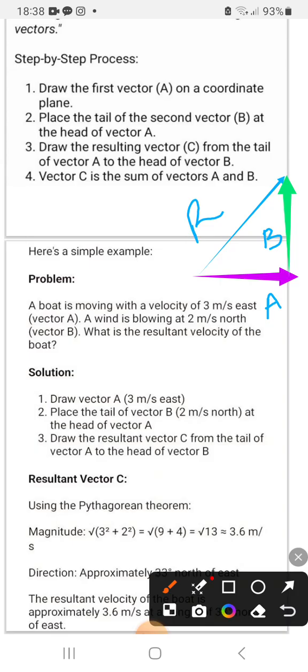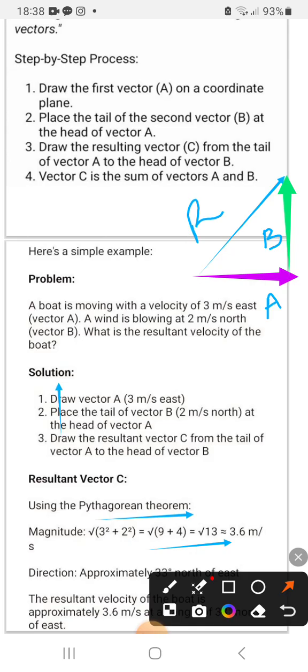To find the value of the resultant vector C, we are going to use the Pythagorean theorem. We take the magnitude: square root of 3 squared plus 2 squared, which becomes square root of 9 plus 4, and that is square root of 13. Solving it by calculator, you will get 3.6 meters per second.